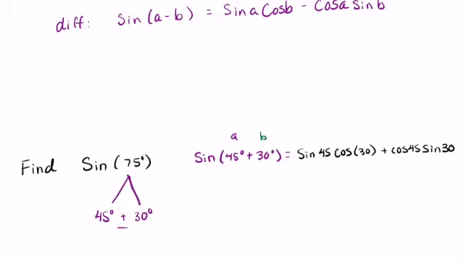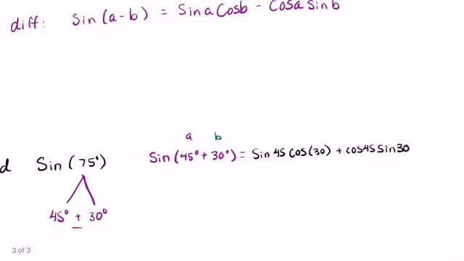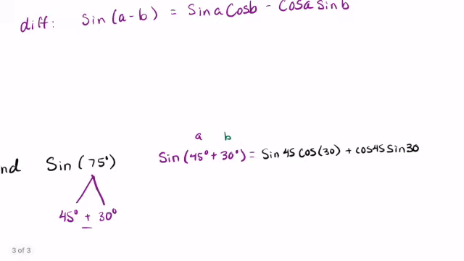Now when we simplify this problem out, I know that the sine of 45 is root 2 over 2. I know that the cosine of 30 is root 3 over 2, plus the cosine of 45 is root 2 over 2, times the sine of 30 is 1/2.